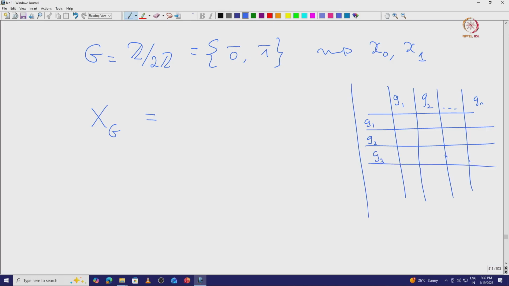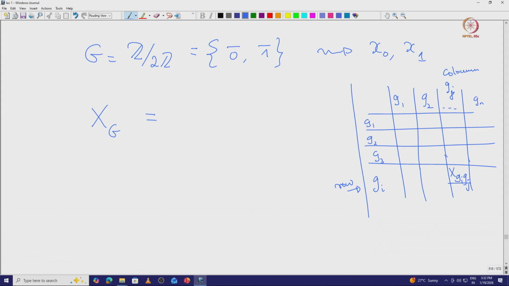So, if you take the ith row and jth column, the entry is going to be x g_i g_j. So, that is your matrix.